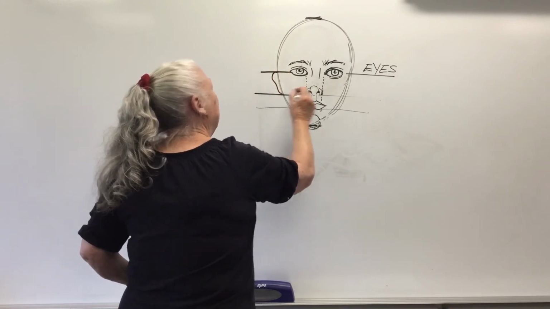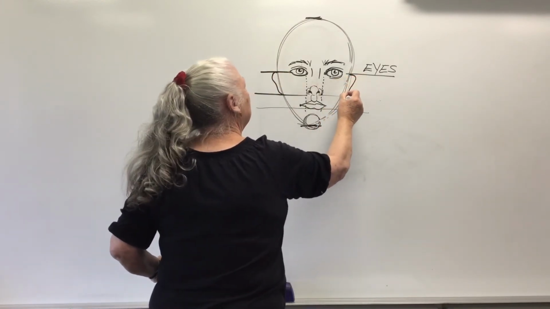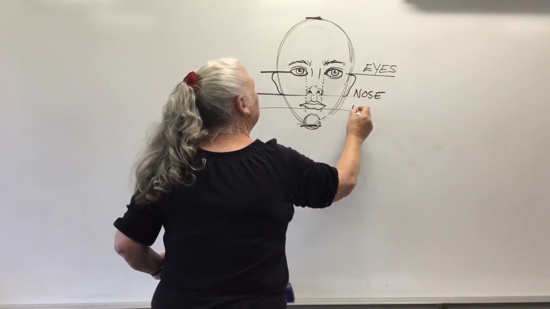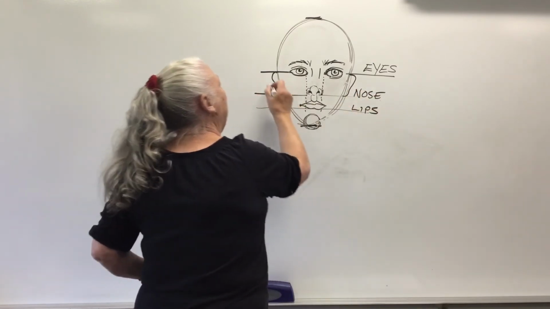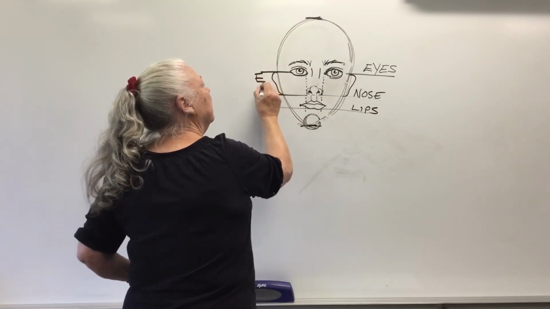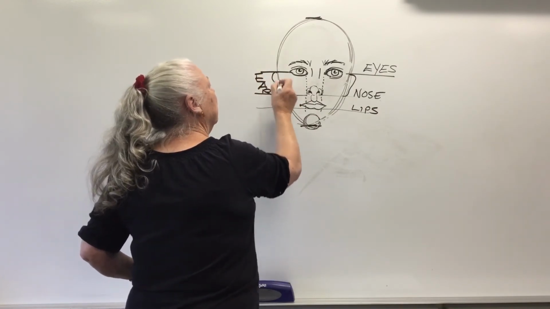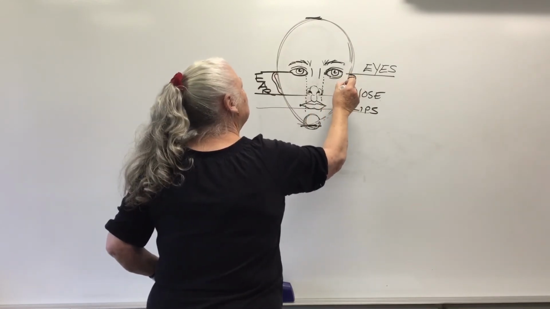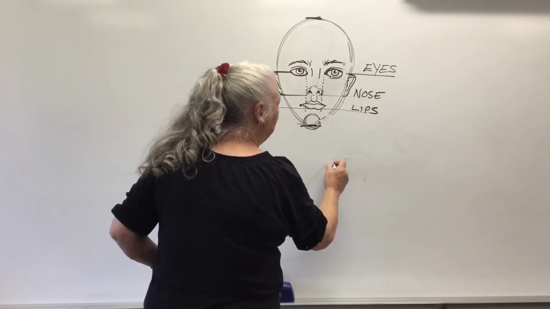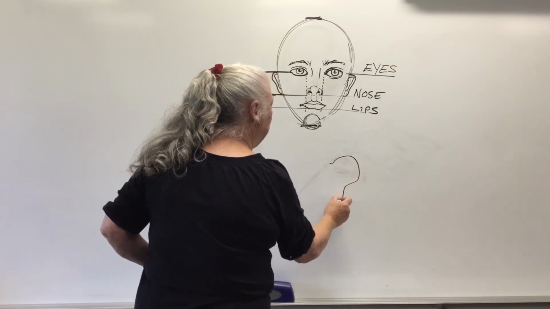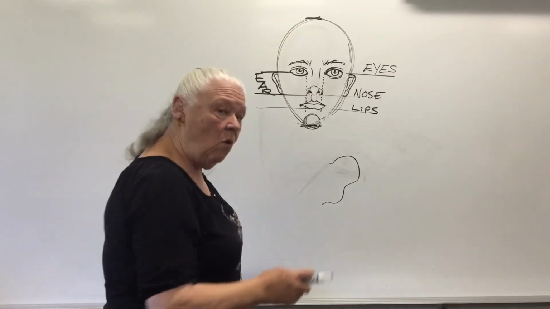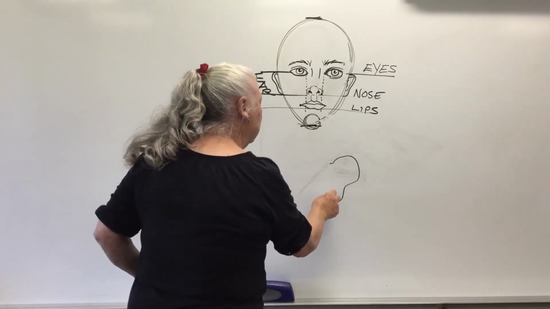Now, our ears. Right between the eye line, here's the nose line, lips, and the ears are right here. Now when you're looking at an ear sideways, it comes out this way, and it may go right into your neck, or it might come up like this.